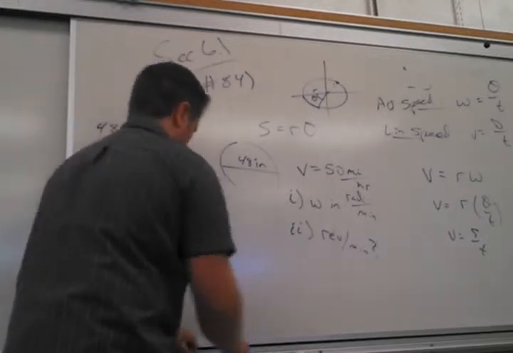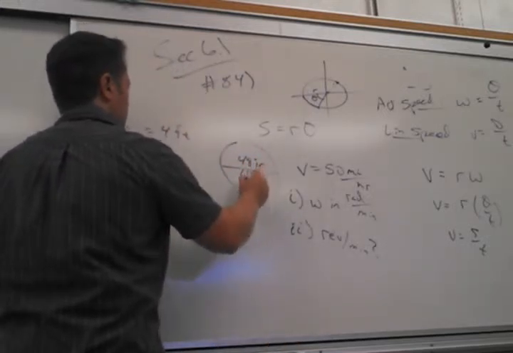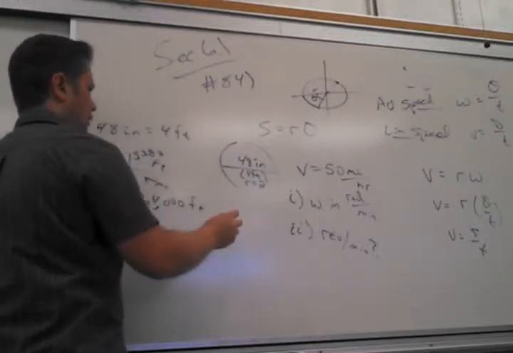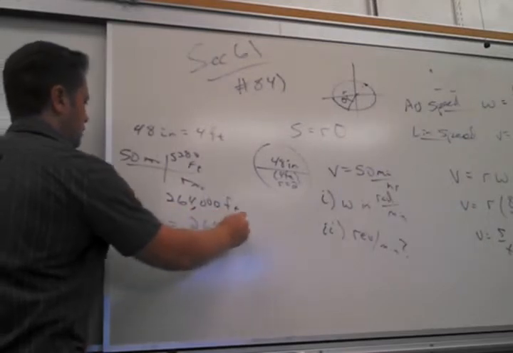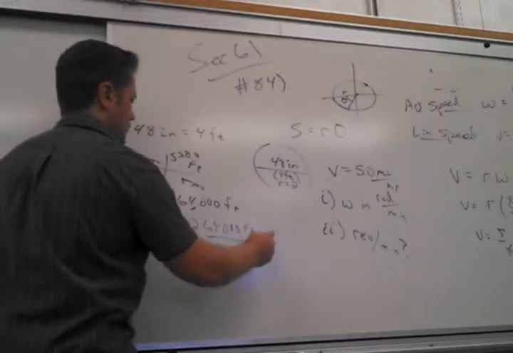It's a good idea. So this is 4 feet in diameter, which means the radius is 2 feet. And I'm traveling at a velocity of 264,000 feet per hour. How do I make that per minute?